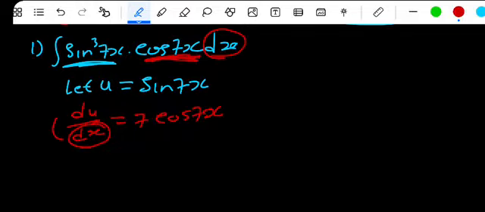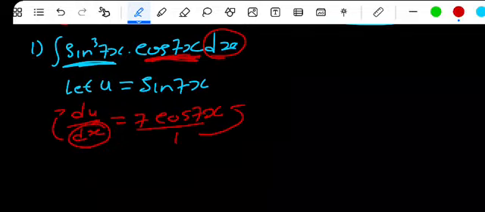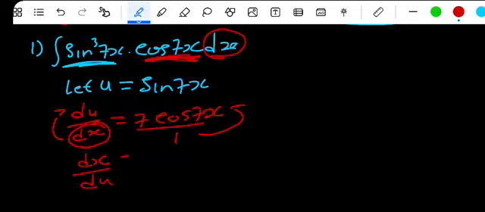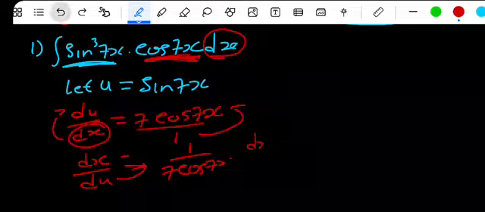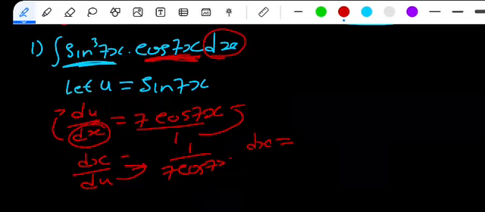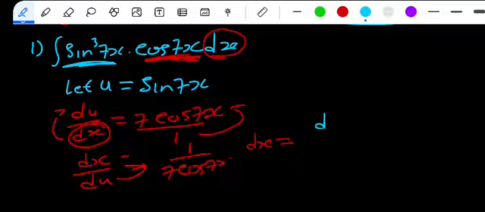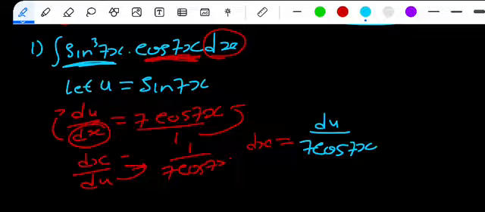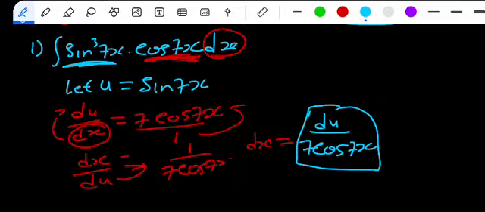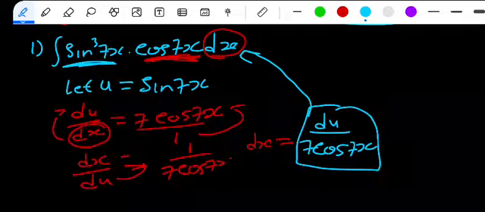I will take this to the top, as it is the same as 1 over. So dx over du will be the same as 1 over 7 cos 7x, and multiplying by du, we will have dx equals du over 7 cos 7x. So this is our dx. We can substitute it back there, so let us do that.